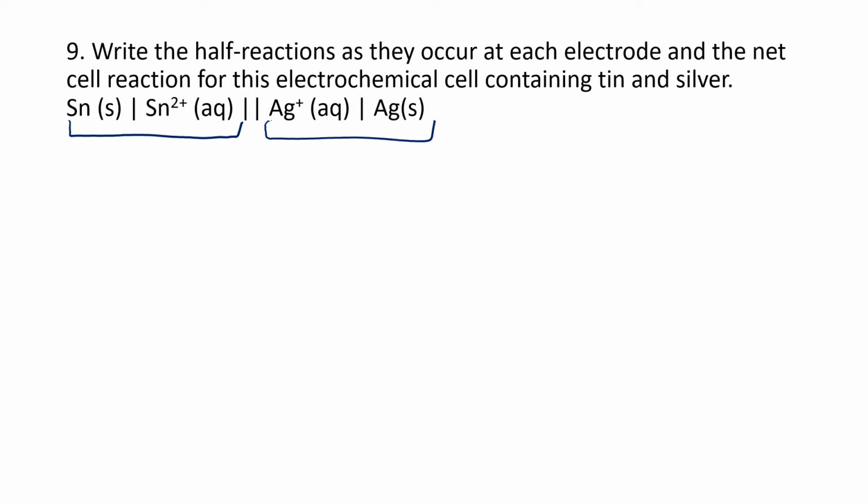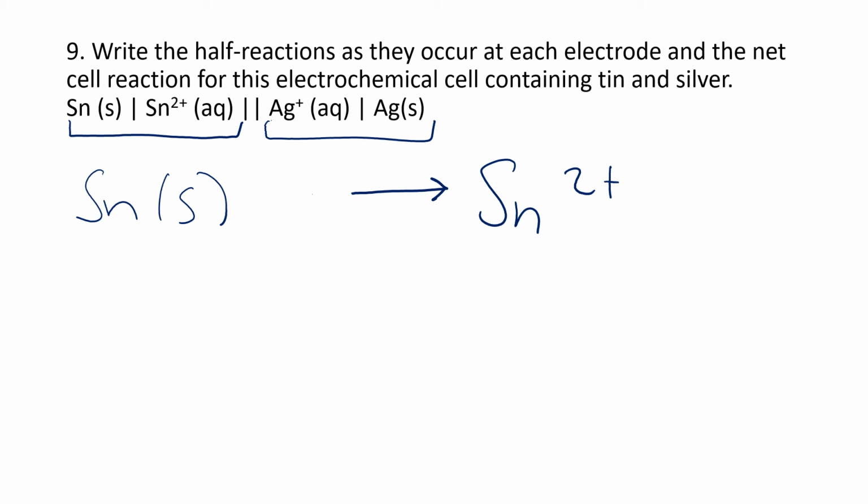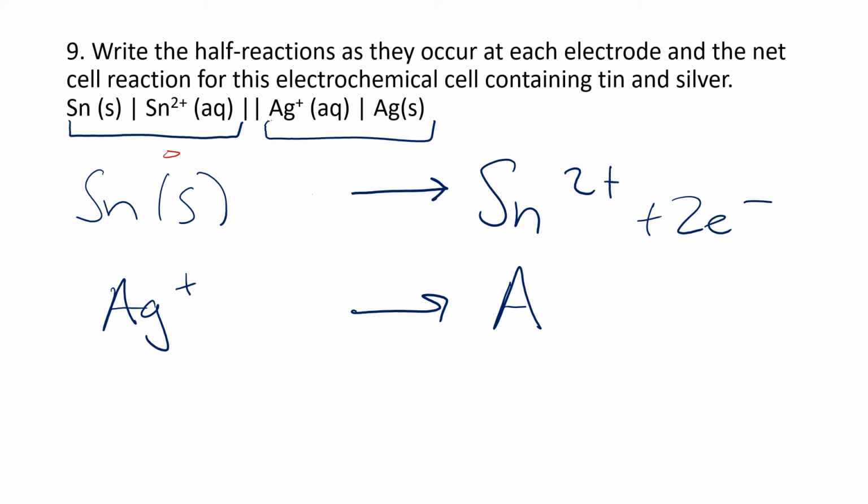So tin, Sn, is going from a solid with a charge of 0 to a charge of 2 plus. So it's being oxidized. So I'm going to put the 2 electrons for it to be balanced. And then silver is going from a +1 charge to a 0 charge. So it is being reduced.